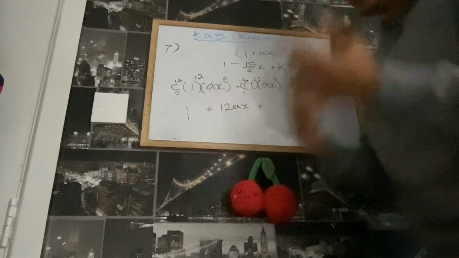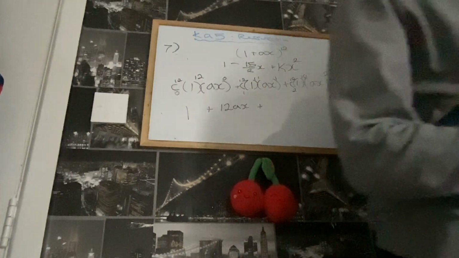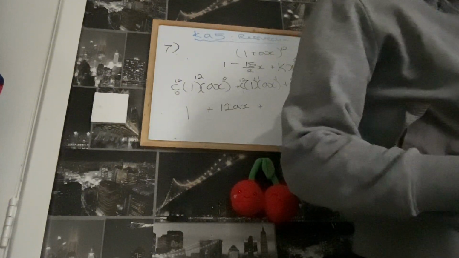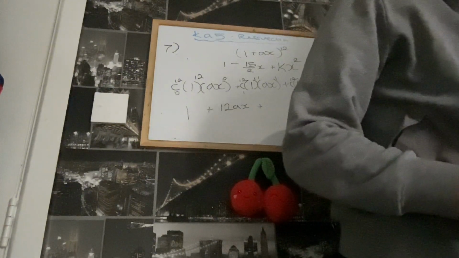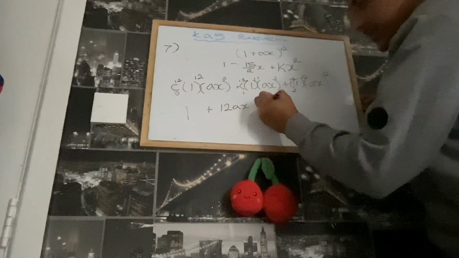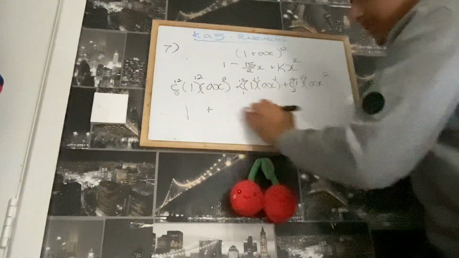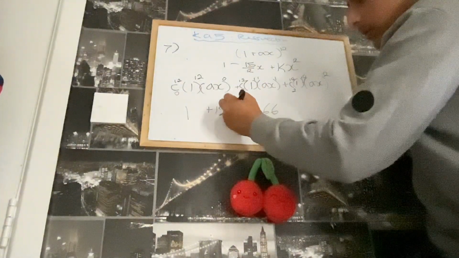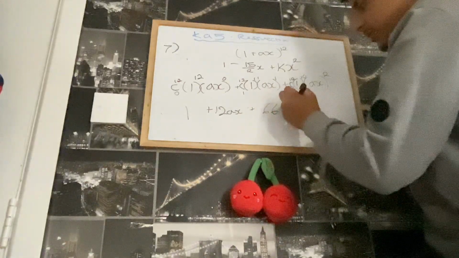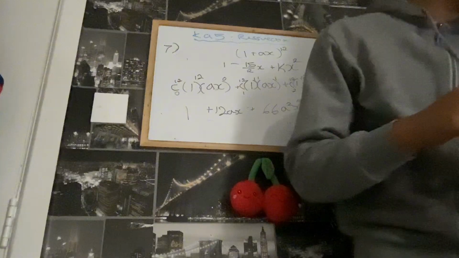Next one, I don't know this one, so we have to put this in the calculator. It gives us 66. So this is 66a squared x squared. Let's double check that that is right, and it is.